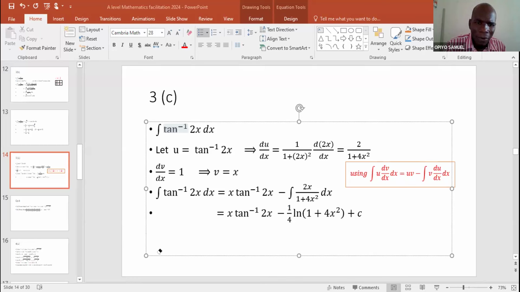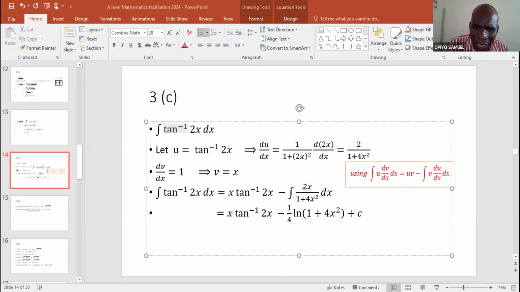Let's hear from, unmute, please. Bishop. Sir. Yes, sir. The denominator you get 4x, but it's 8x. Yes. Okay, when you differentiate, it's not 4, but it's 8.